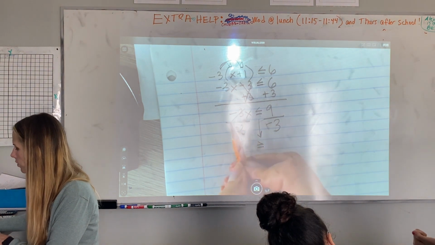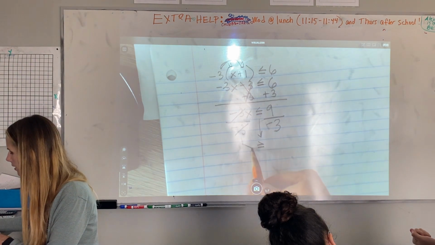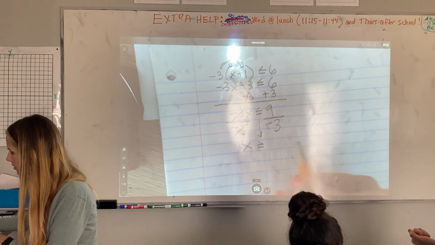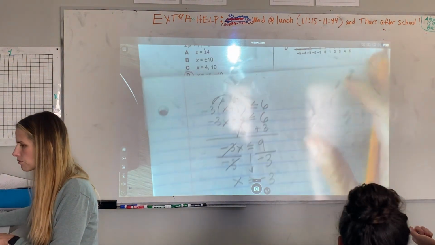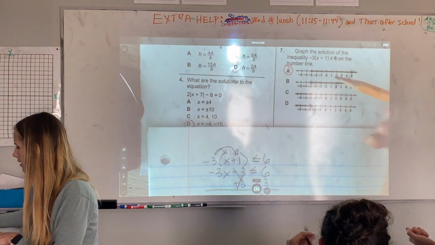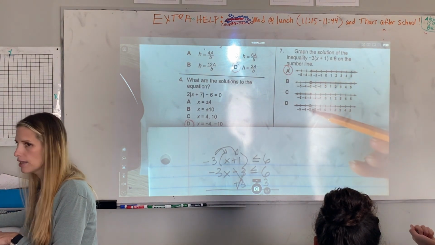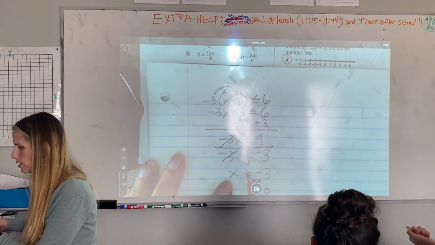The -3 over the -3 cancels out because that equals 1. 1x is just x. 9 divided by -3 is -3. So the -3 isn't really that important because they're all -3. It's really about what this inequality symbol says to do.